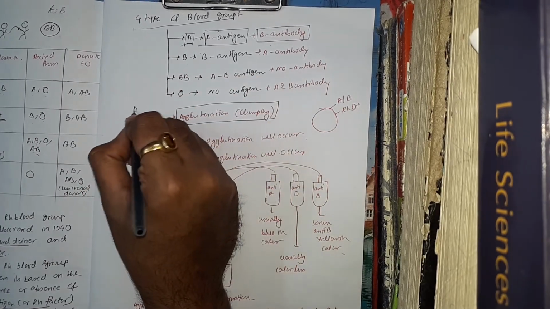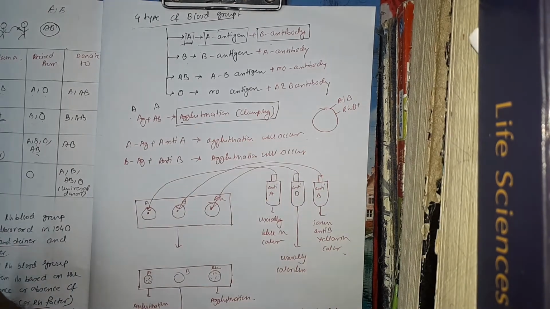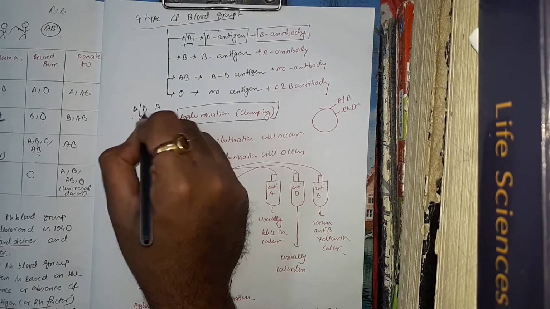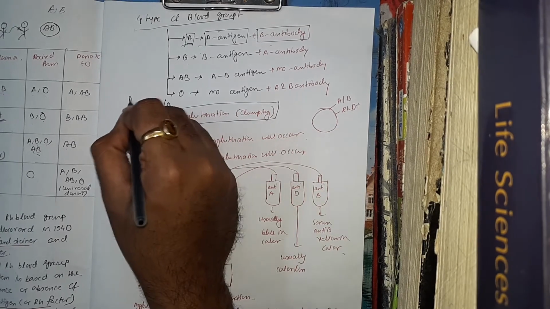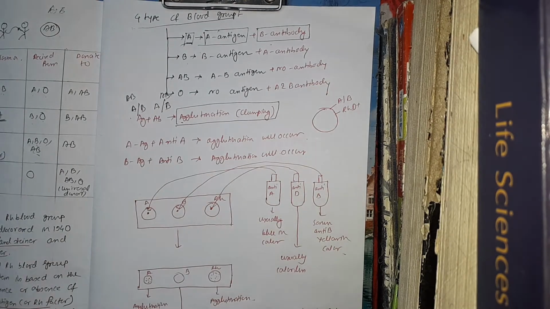So we only need same antigen and same antibody for agglutination or clumping. It can be A antigen with anti-A, or B antigen with anti-B, or both AB antigen with anti-AB. So that is the main basic idea.